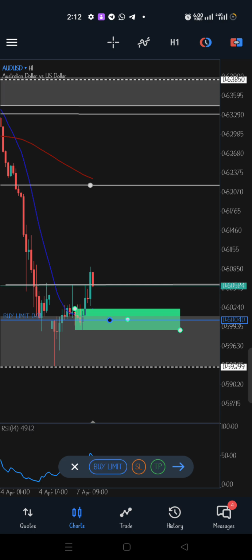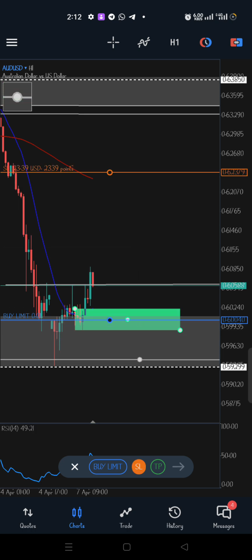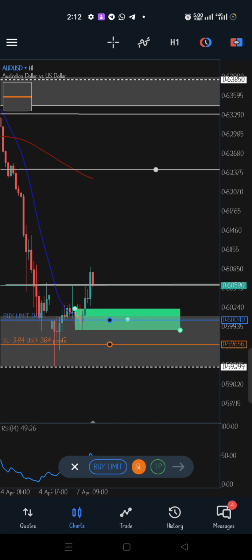And I will have my stop loss because I have a demand zone at this point. This is my demand zone. So my stop loss is going to be a little bit wide, just below the supply zone, right?